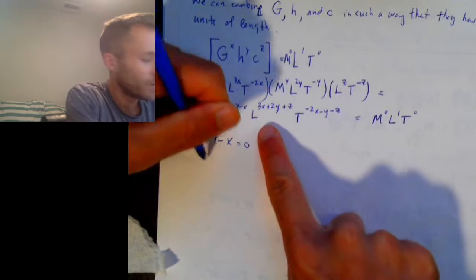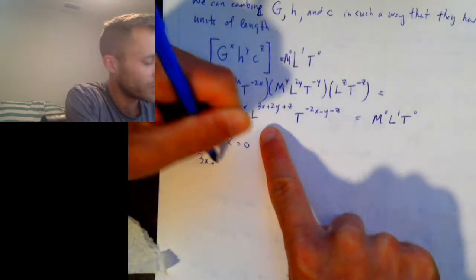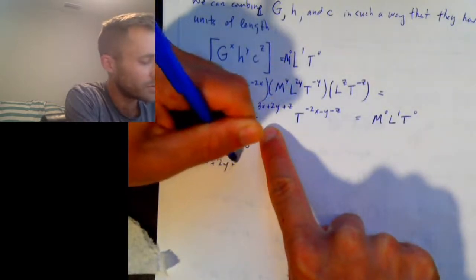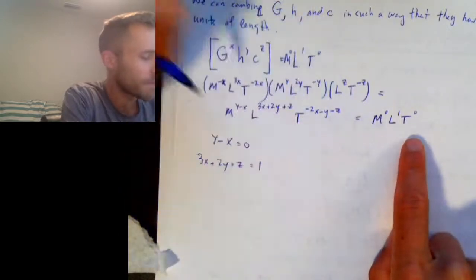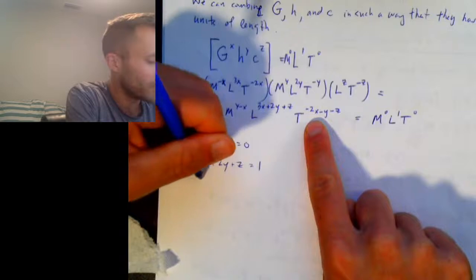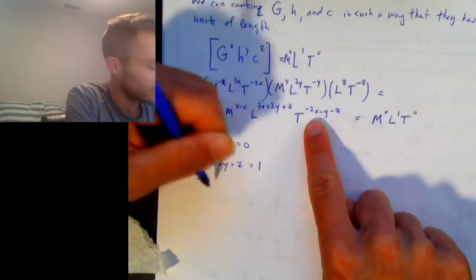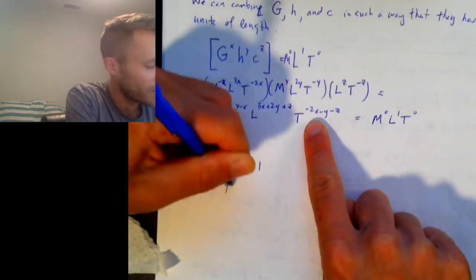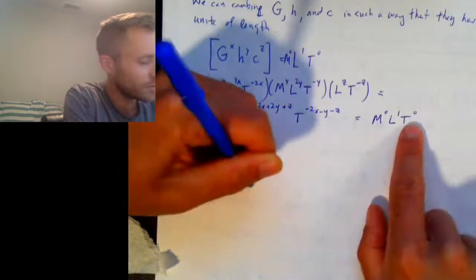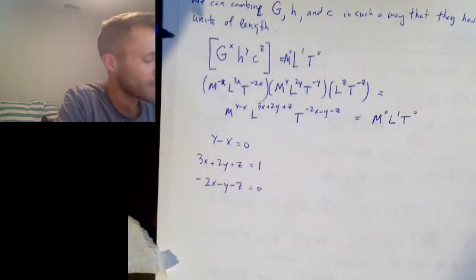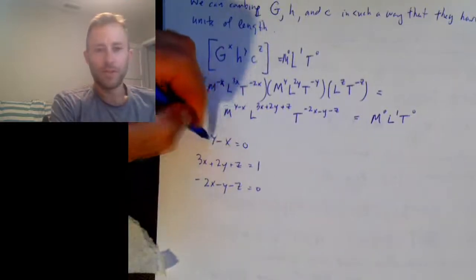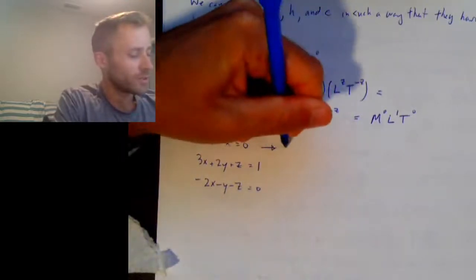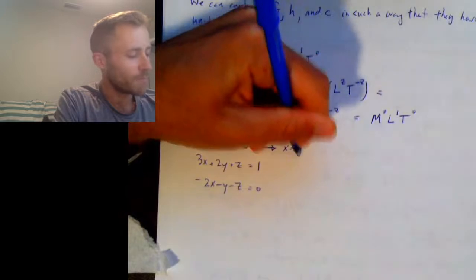We have 3x plus 2y plus z equals 1. And then we have minus 2x minus y minus z equals 0. Okay? So this top equation, it obviously says x equals y.